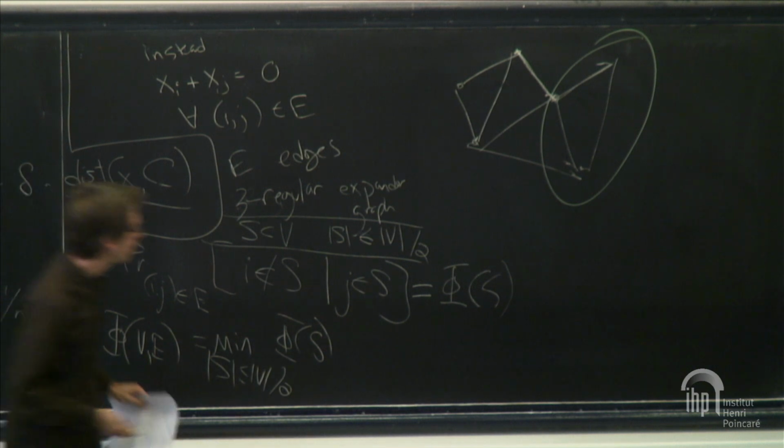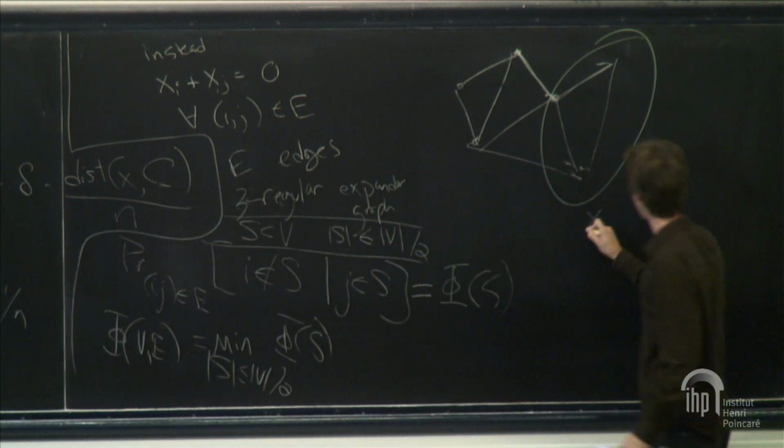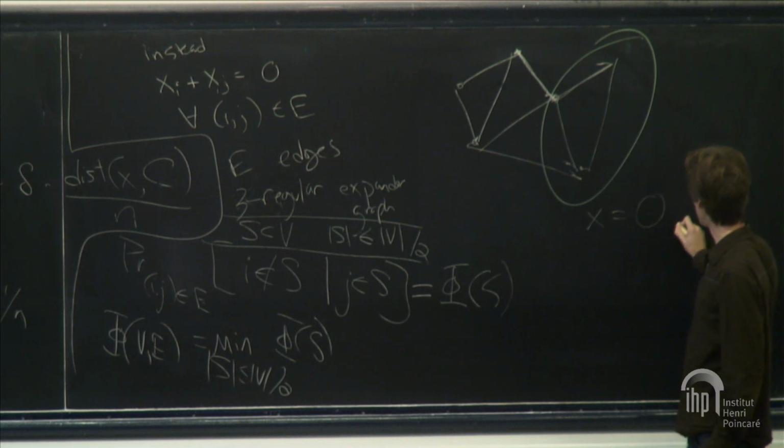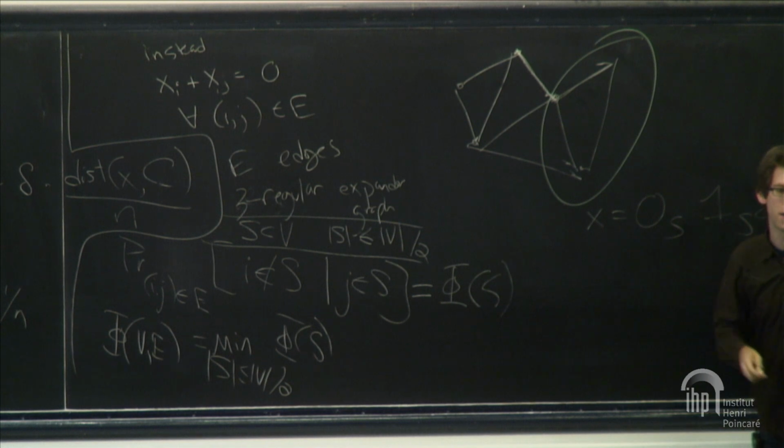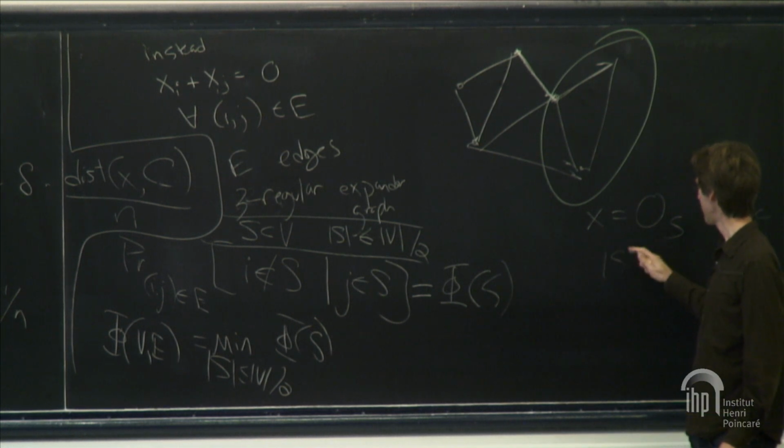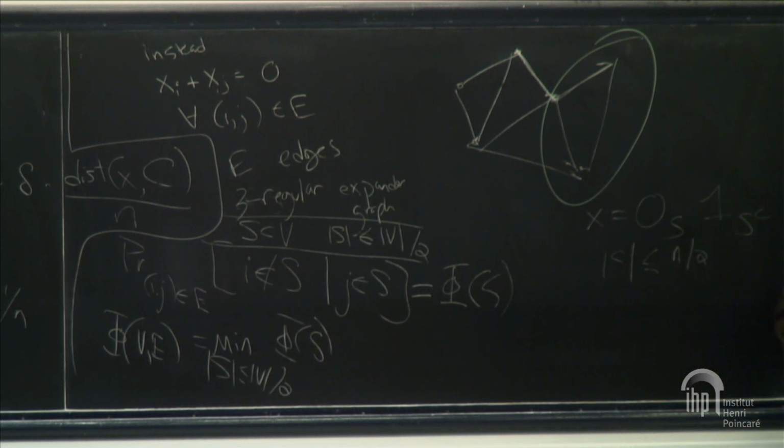So why is that? Let's suppose that x is 0 in positions S and 1 in positions that are the complement of S. And without loss of generality, let's suppose that the size of S is less than n over 2. Then the number of edges that go between these two sets is a constant fraction.